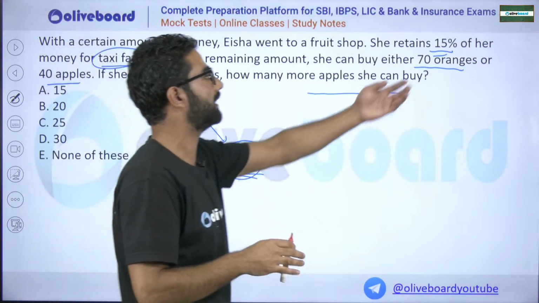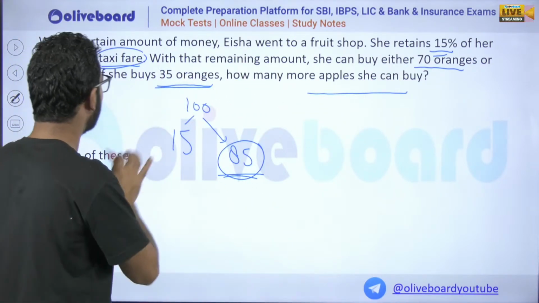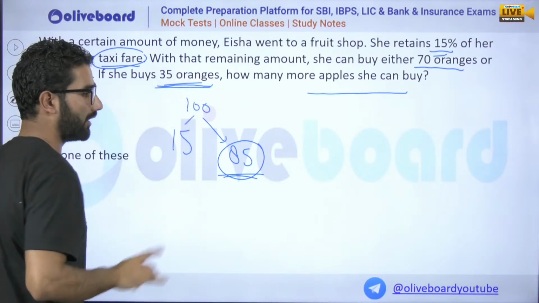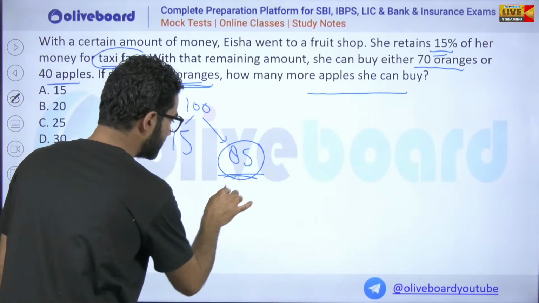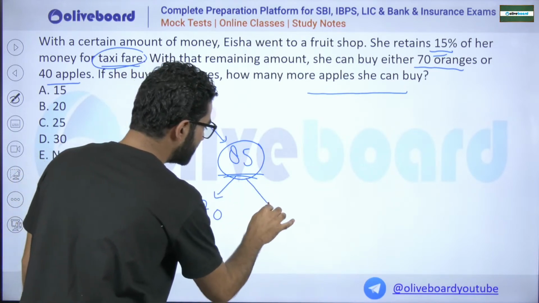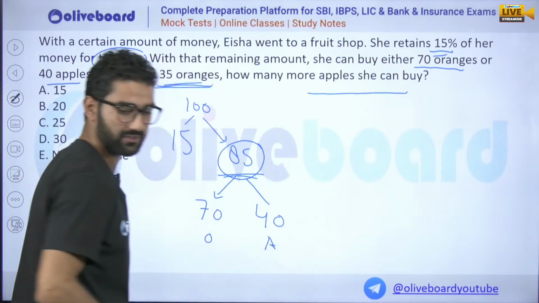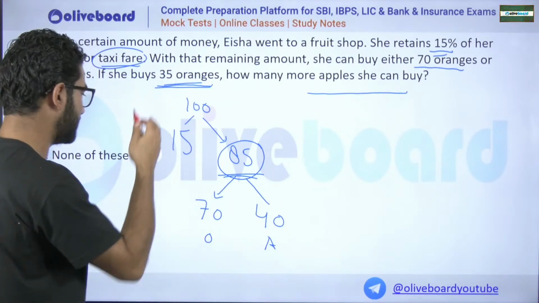Now she can buy 70 oranges or she can buy 40 apples. These are the options for her.